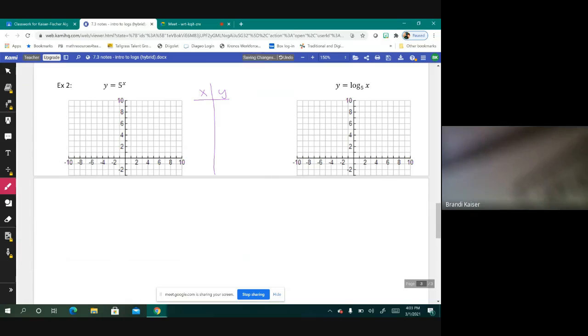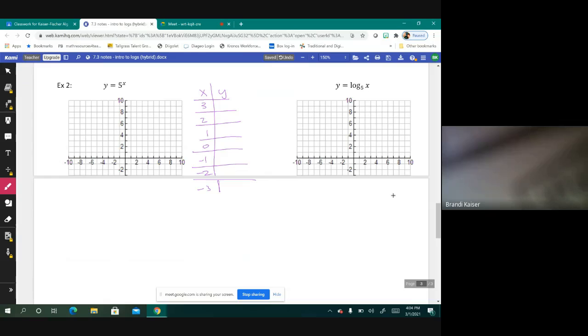So if I use the values 3, 2, 1, 0, -1, -2, -3. Okay, this time our exponential is y equals 5 to the x power. Our inverse is log base 5 of x.